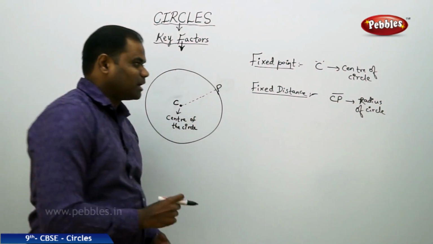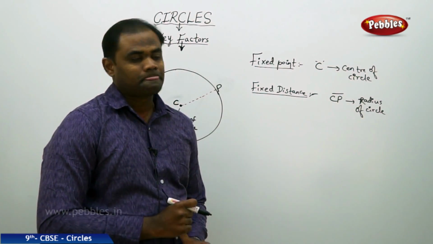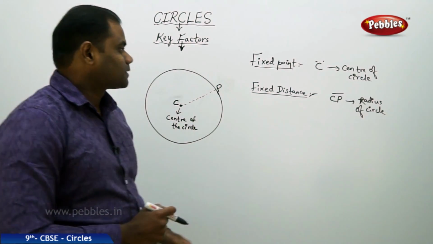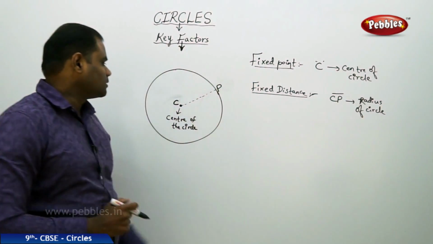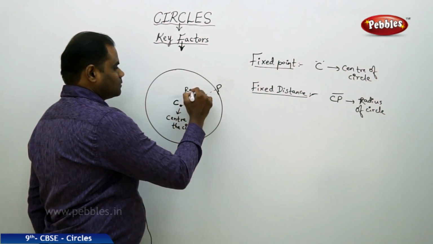So this is given by the special name called radius of the circle, as it defines the curvature. Therefore, the distance CP is called radius of the circle.